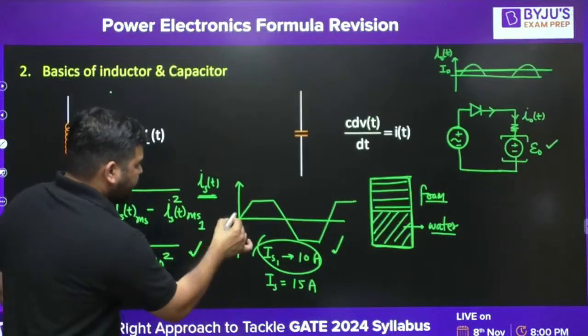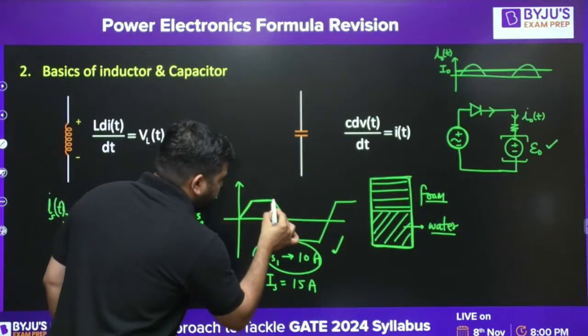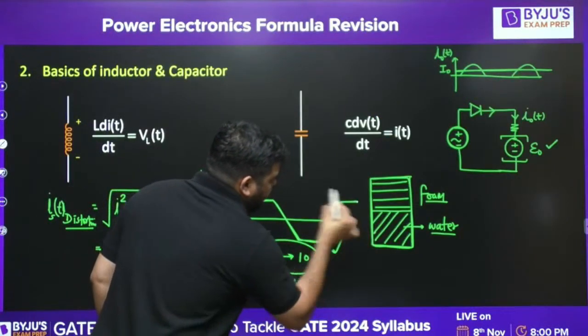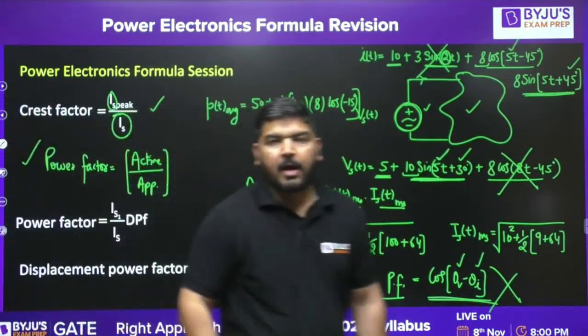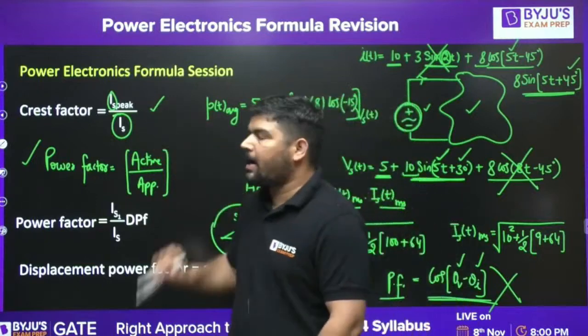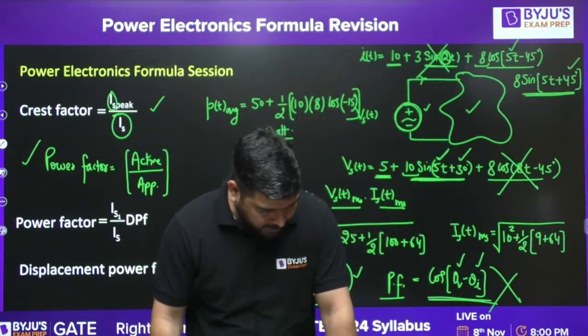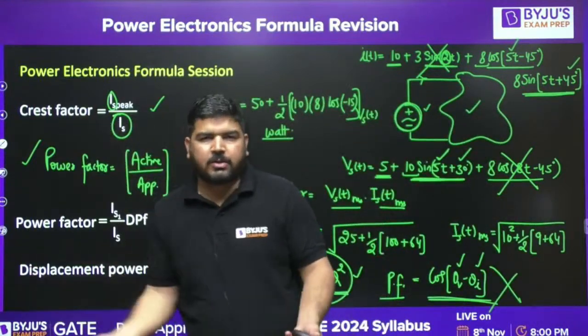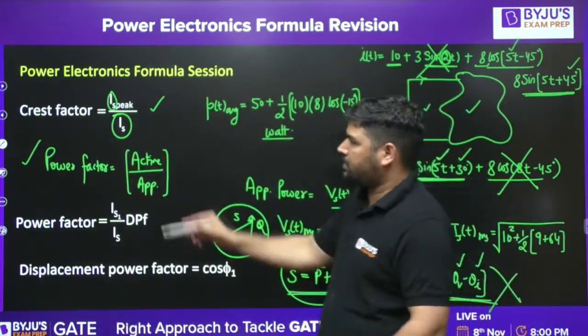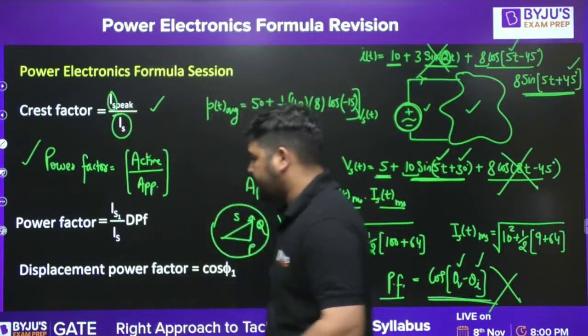Let's say this is my IST. So what is the peak value of this current, divided by IS? IS means the RMS value. Peak value divided by the RMS value is known as crest factor. So you have to remember it like this. If you forget it, no worries, because it's not required. They don't ask this term. Anyway, it is the crest factor we call.